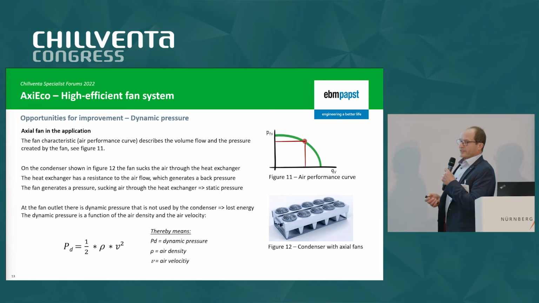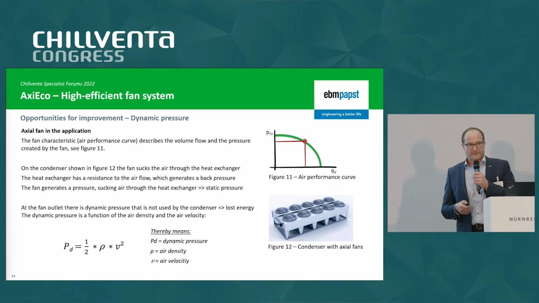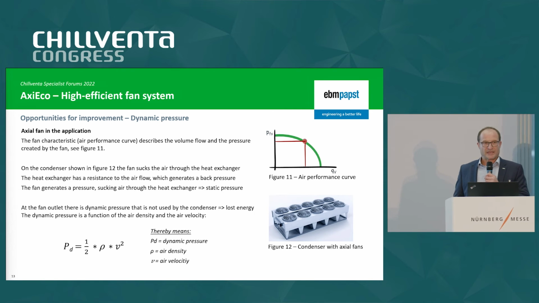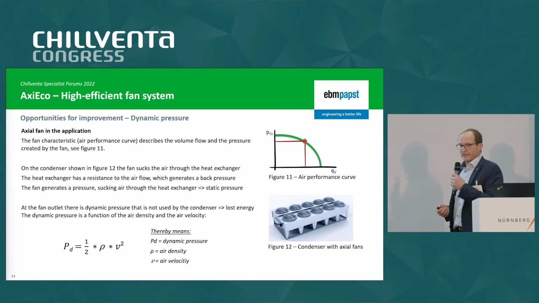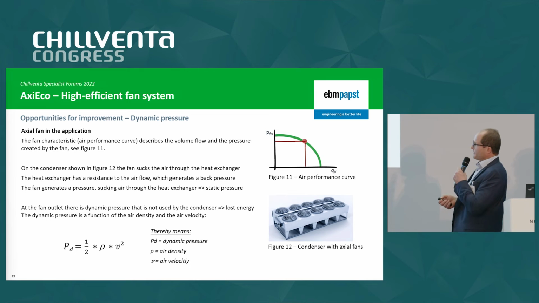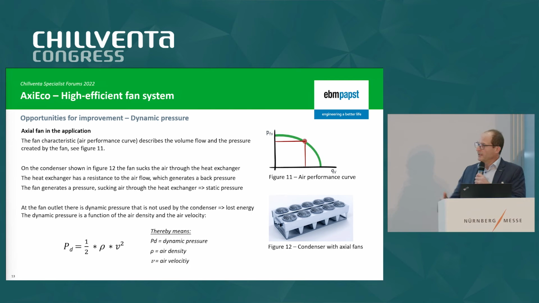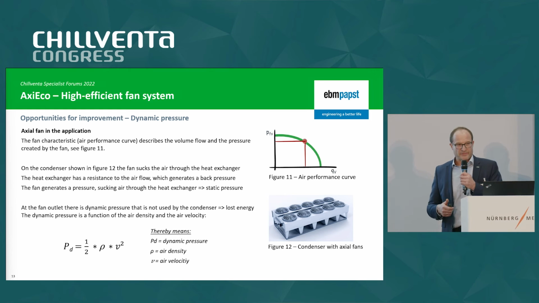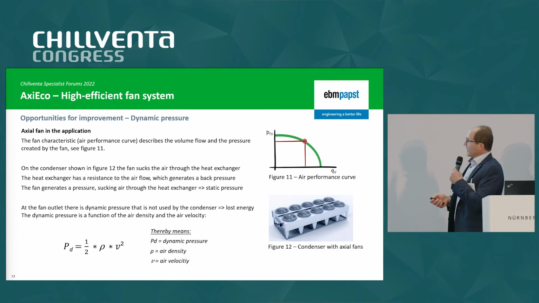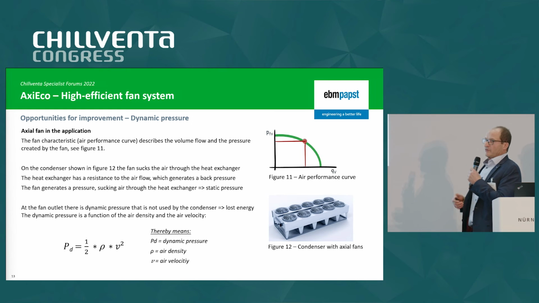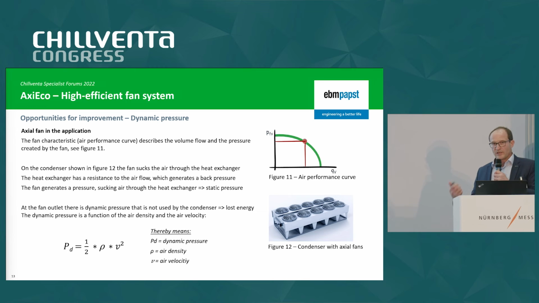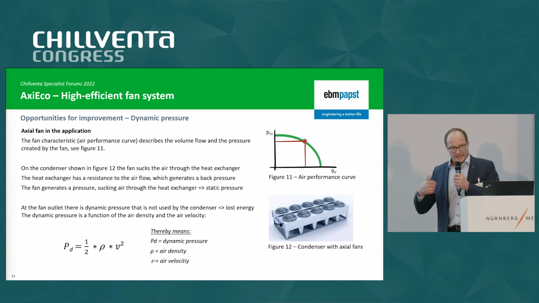The pressure which is generated by the fan, especially the static pressure, is that pressure which can be used, because this static pressure tries to get the air through the heat exchanger. And only this static pressure can be used of a fan. But as we have learned before, we do not have only static pressure. We have a certain velocity when the air comes out of the fan.